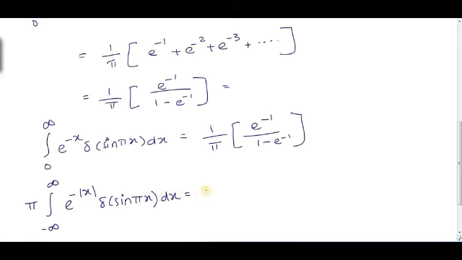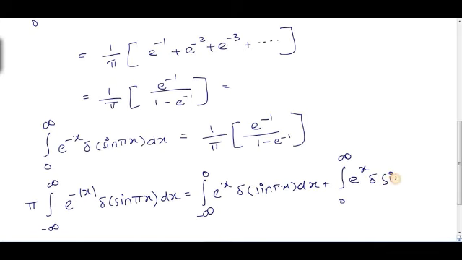Once again I will write: minus infinity to infinity e power x del of sine pi x dx plus 0 to infinity e power minus x del of sine pi x dx. Of course, I should write that pi here, pi into.